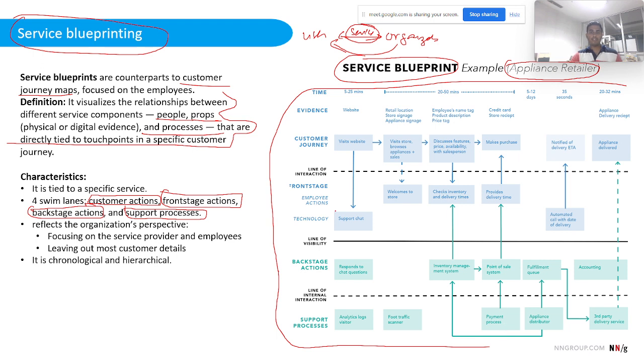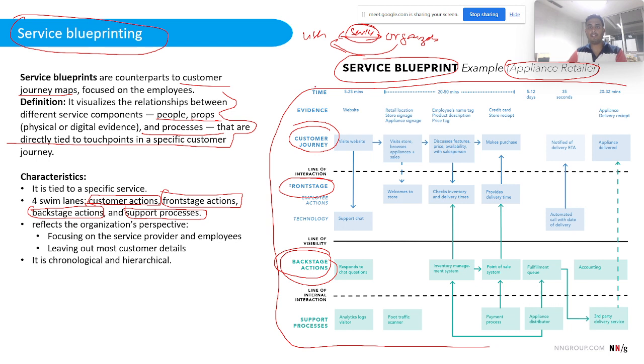So you will see there that there are backstage actions, then front stage actions, then customer journeys. These services are generally categorized either based on time or based on their provisions or facilities.